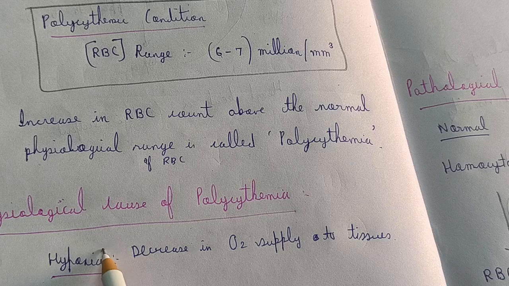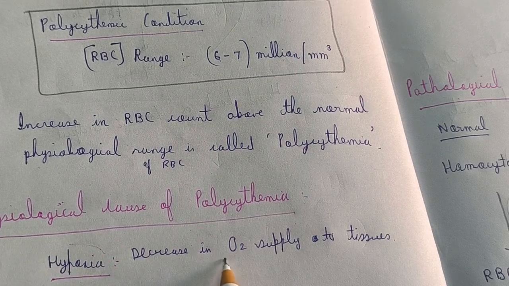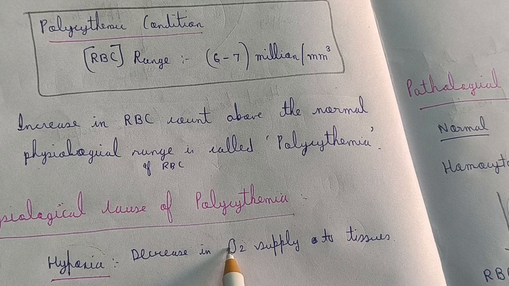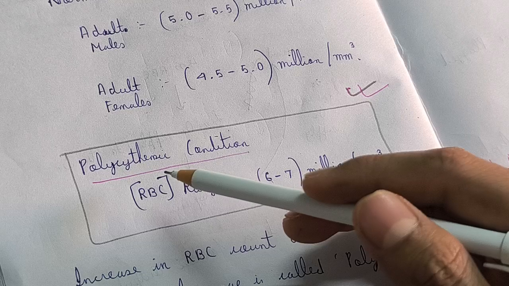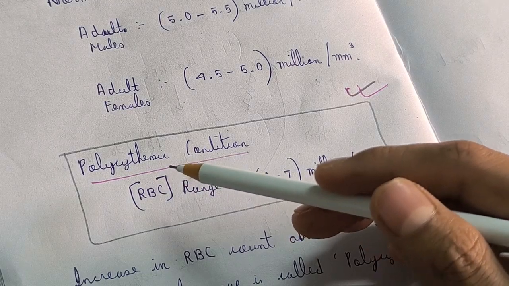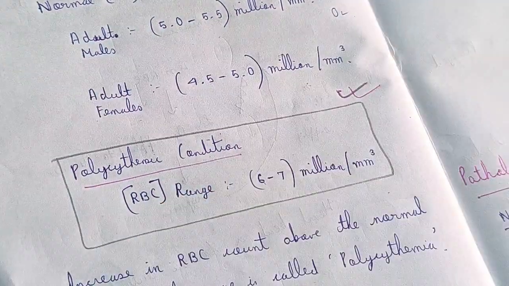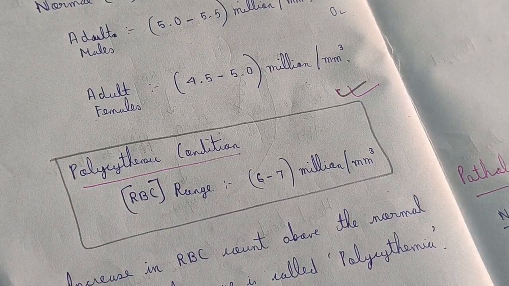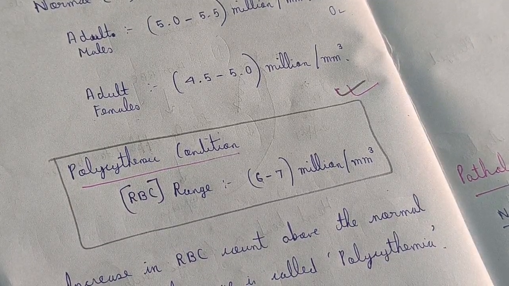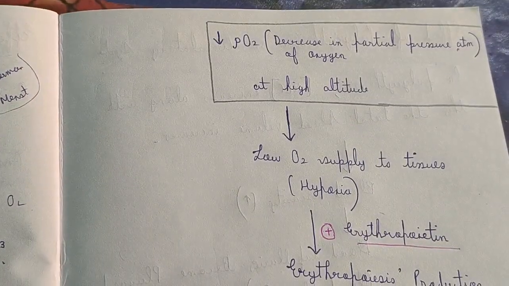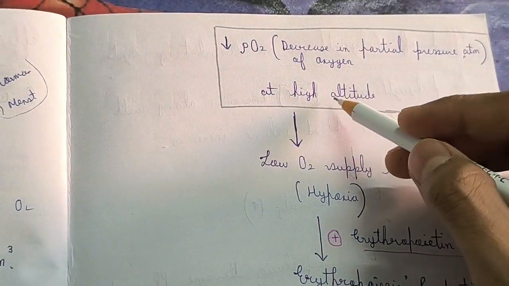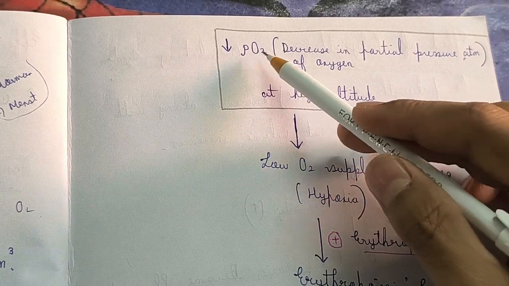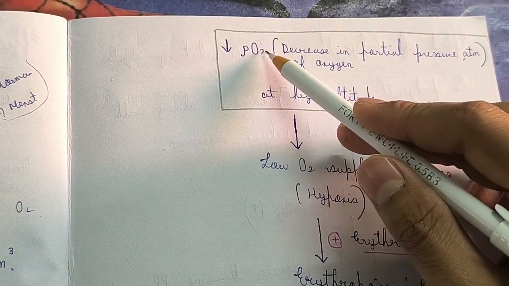Hypoxia causes a decrease in oxygen supply to tissues. The function of RBC, which you have been studying since class 9, is to transport oxygen. Now let us see how they are regulated. First of all, the physiological cause: at high altitude, like in the Himalayas, the partial pressure of oxygen decreases.